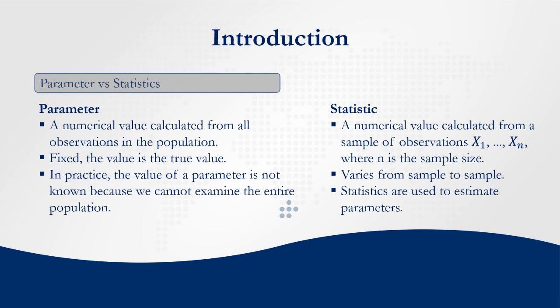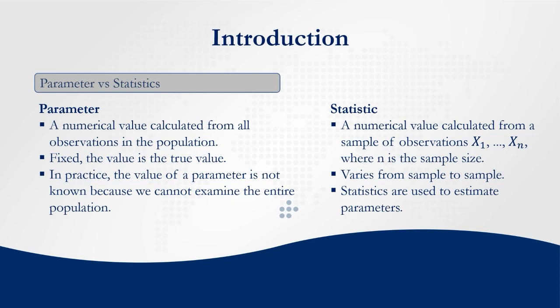But every sample that I select will be different, such that whatever I compute will vary from sample to sample. So we use statistics to estimate parameters. Since we're not able to measure all the observations within the population, we use the sample to estimate population parameters.